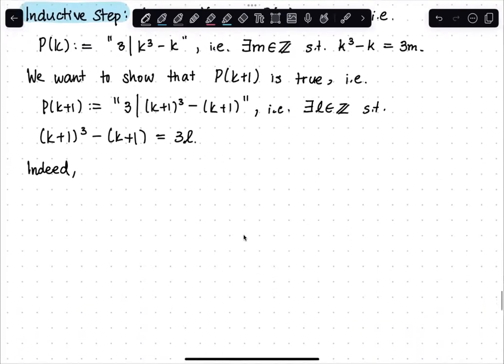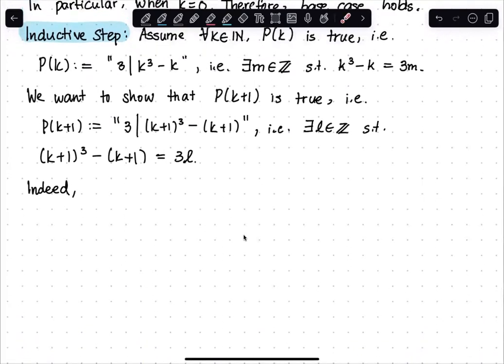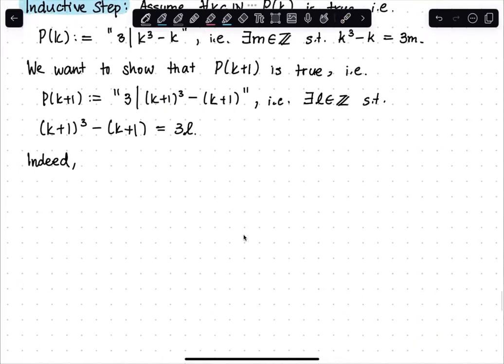Let's expand the left-hand side. So let's rewrite the left-hand side first. So here we have by the binomial expansion, we could write this as k cubed plus 3k squared plus 3k plus 1, and this is minus k plus 1.